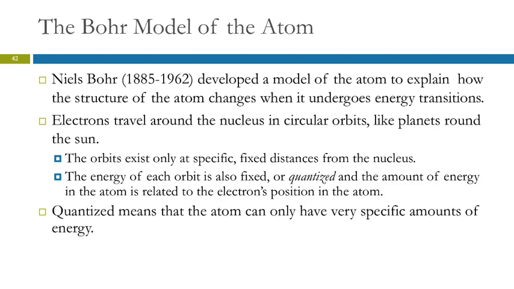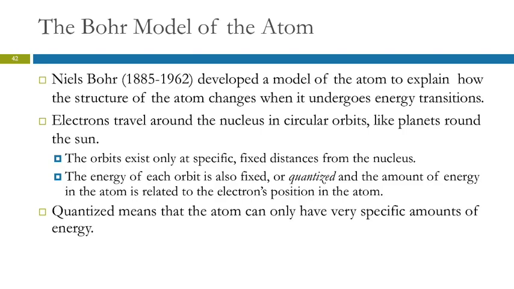So Niels Bohr developed a model that explained how the structure changes when energy transitions occur. So in the Bohr model, the electrons are traveling around the nucleus in circular orbits, much like the planets go around the sun in the solar system.